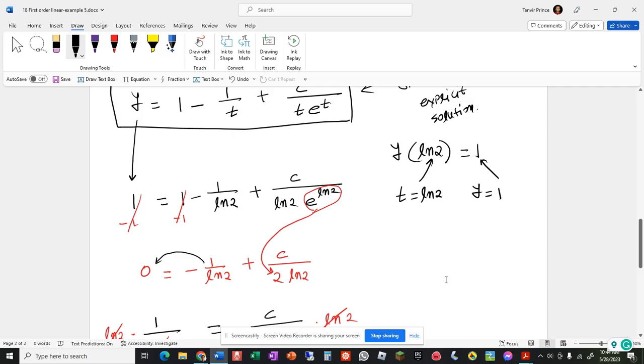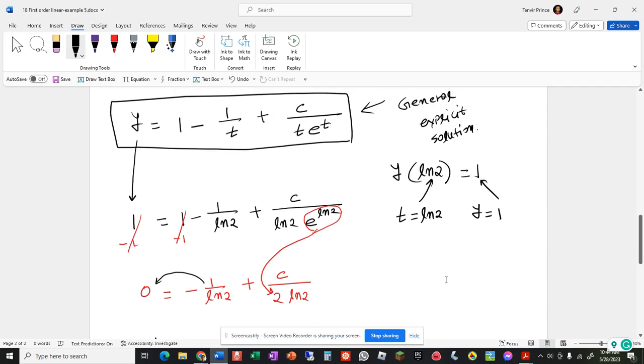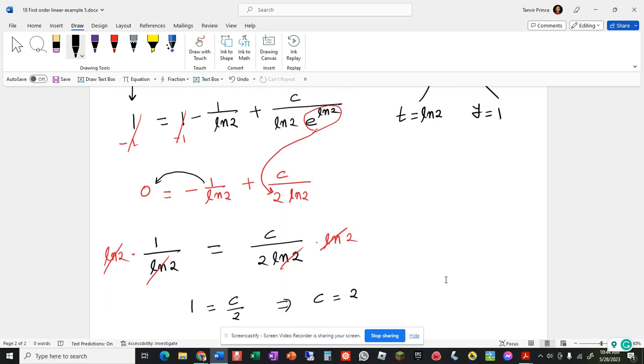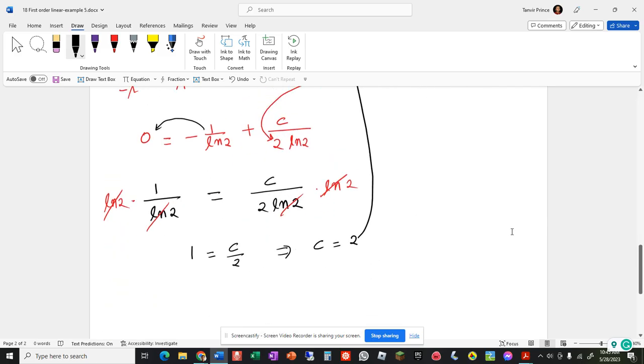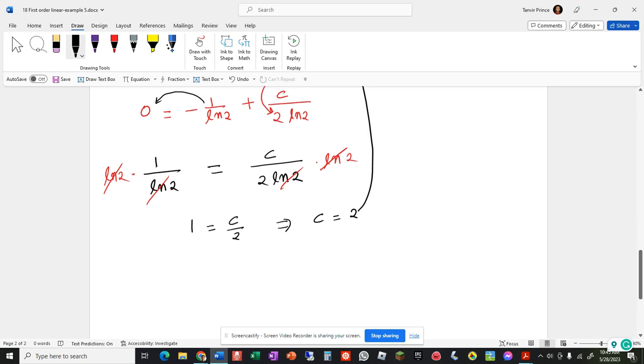So that's going to be my specific solution. So in the c, I have to replace c by 2 right there. So that's going to be my specific explicit solution after we use the initial condition, right?